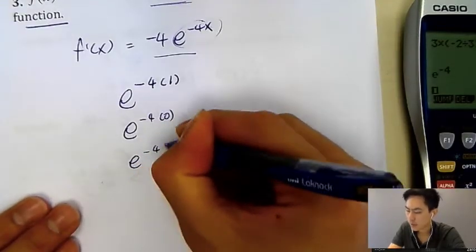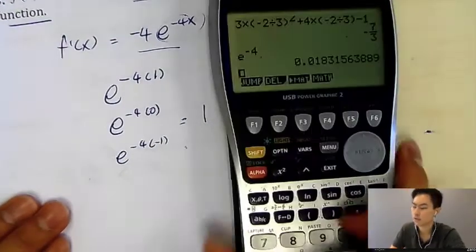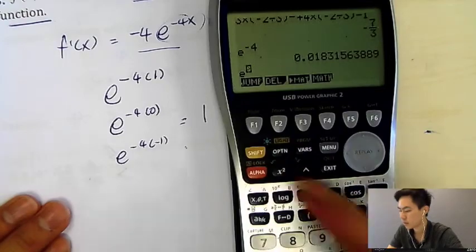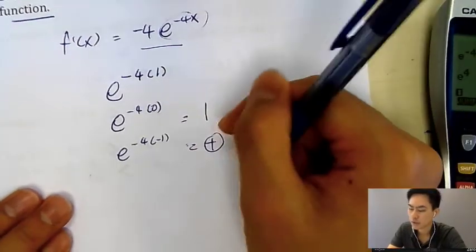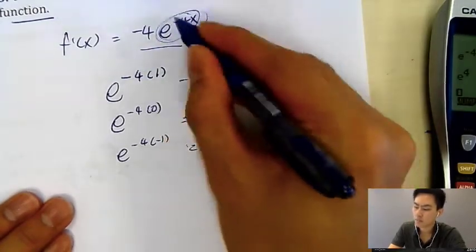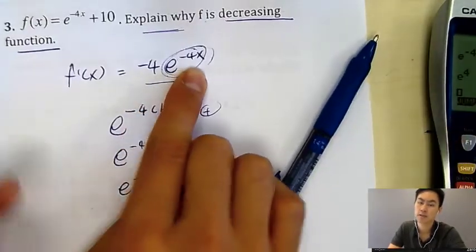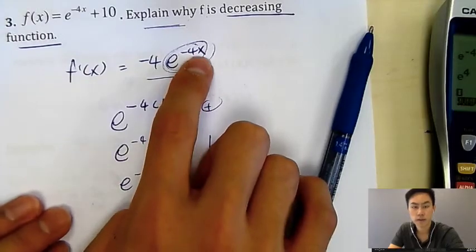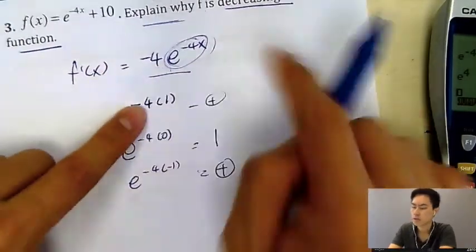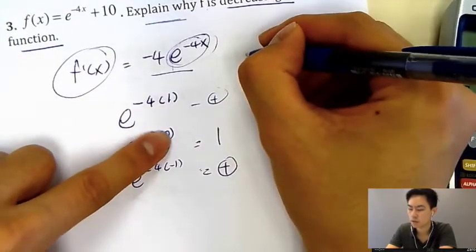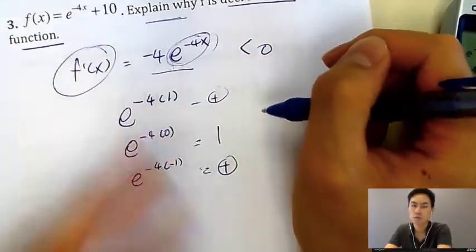If you sub in a negative number, let's say negative 1, you have e to the power 4, obviously positive, right? So it's all positive. It's impossible to get any negative value if you sub x in here. And a positive multiplied with the negative 4 means the whole differentiation must be smaller than 0. But how do you explain it in words?